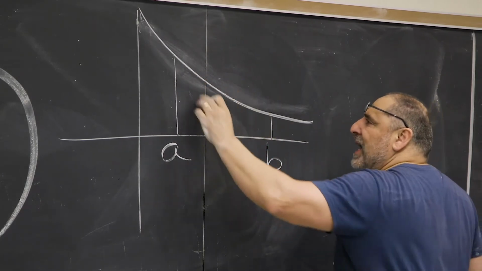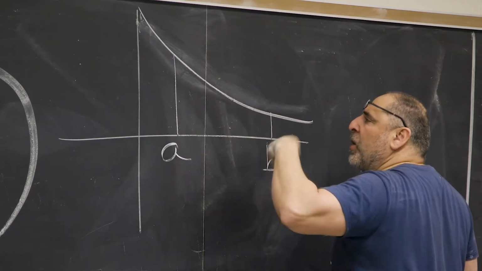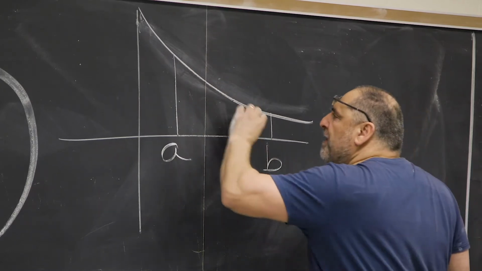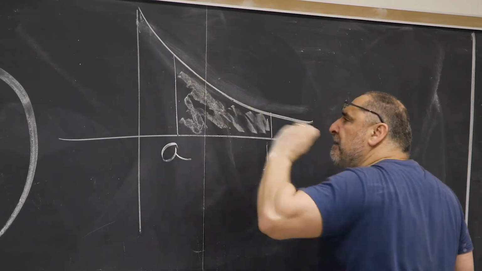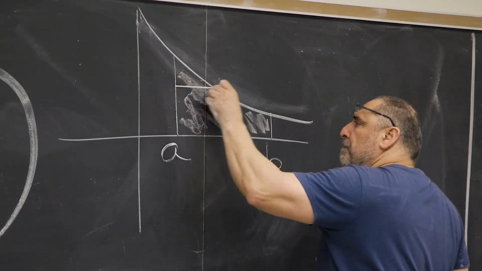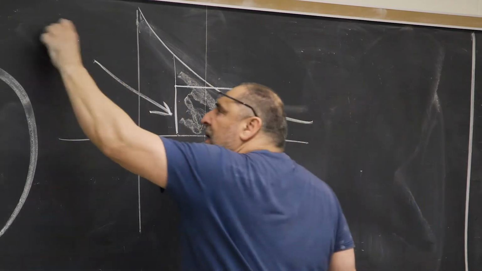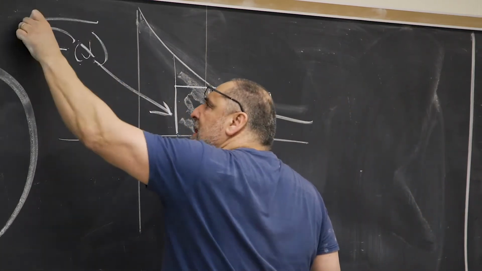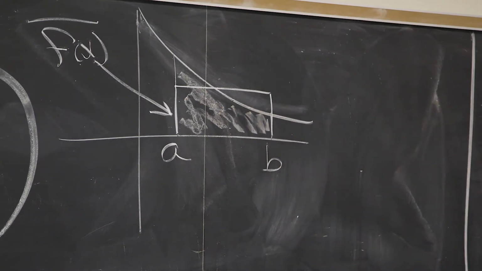I'll tell you this much. If you ever found the area underneath here, find out the area of an equivalent rectangle. If you ever found this area right here, find out the area of a rectangle, and then this guy right here, that'd be the average.